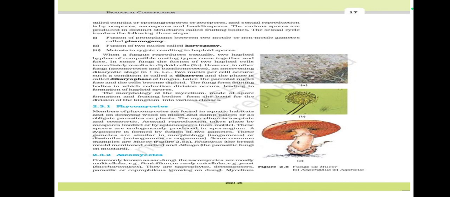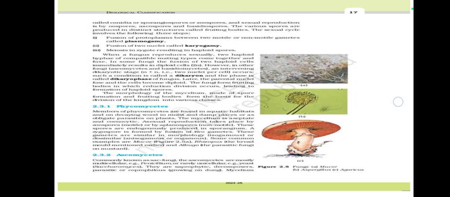Ascomycetes, commonly known as sac fungi. The ascomycetes are mostly multicellular, for example Penicillium, or rarely unicellular, for example yeast, Saccharomyces. They are saprophytic, decomposers, parasitic or coprophilous, growing on dung.